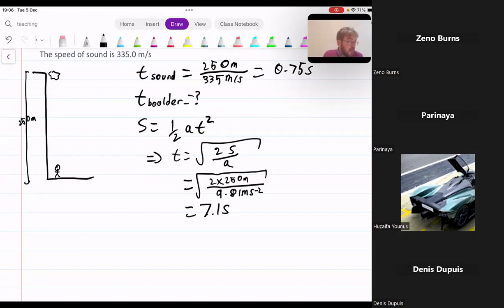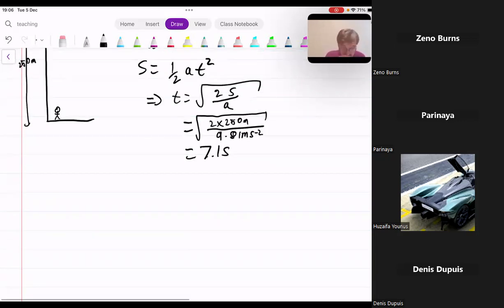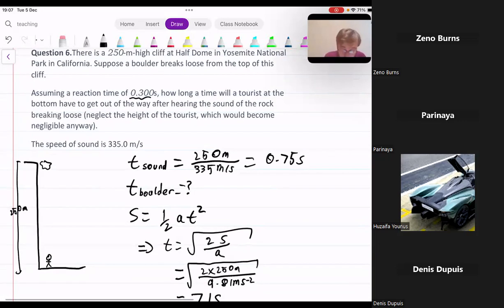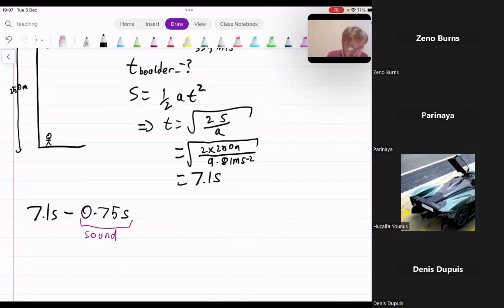So, how long does the tourist have to jump out of the way? There's the 7.1 seconds it takes to fall, but we have to take away the time it takes for the sound to reach them, so that's 0.75 seconds. But also, they don't react instantly. We're told they have a reaction time of 0.3 seconds.